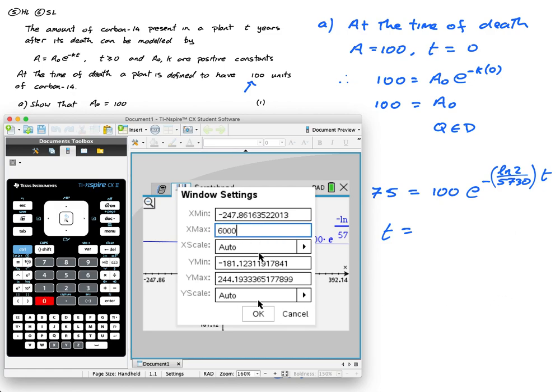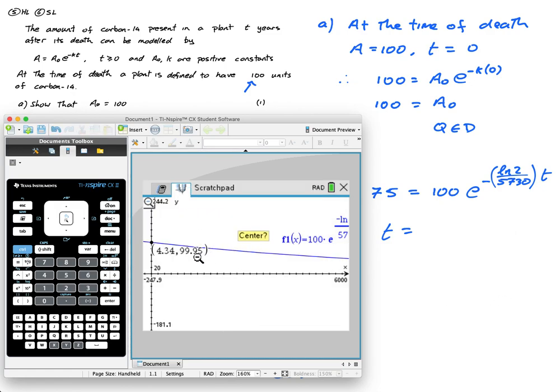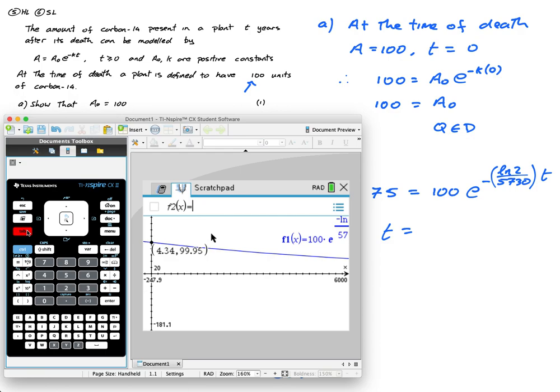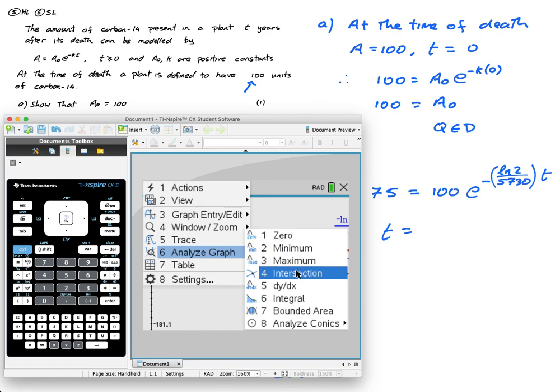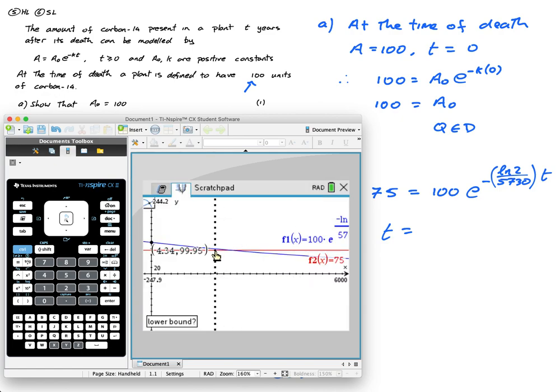Okay, so there's my graph. Now I want to know when this is equal to 75. So I graph another graph of 75. And where these two meet, that's essentially my answer. So I do menu, analyze graph, intersection, lower bound, upper bound.